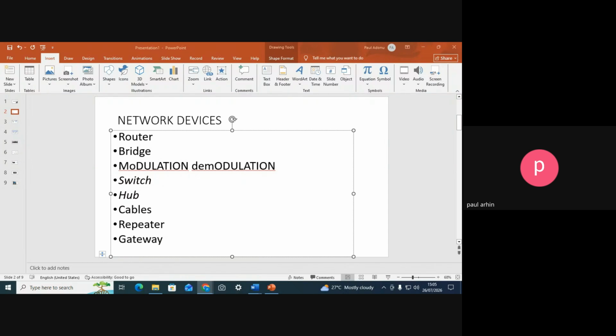Now, anytime we make a call, there must be a switching system that must process that particular call before the receiver will get it. But all this is done in real time. That's why sometimes even before you get the call ringing, it will take a little time.